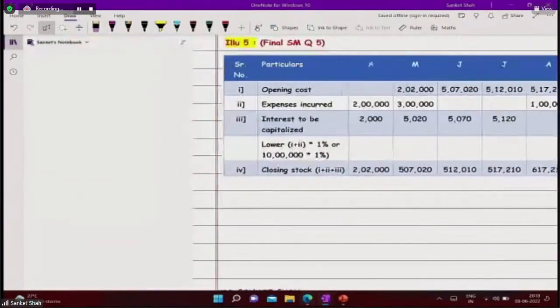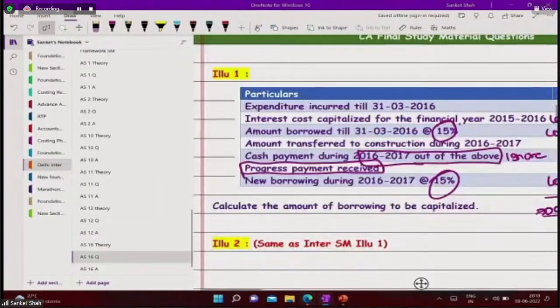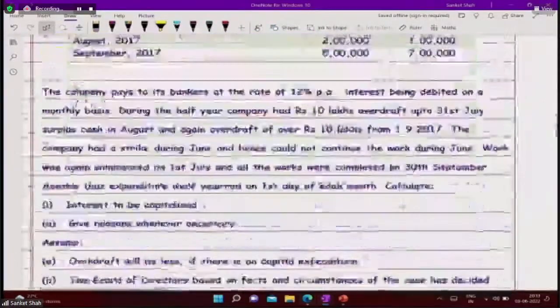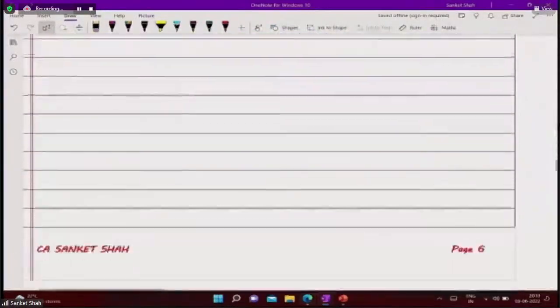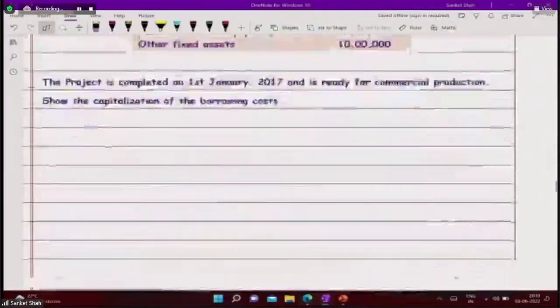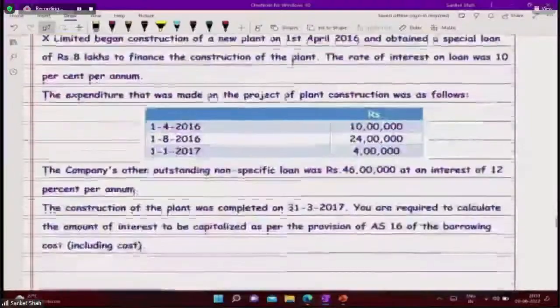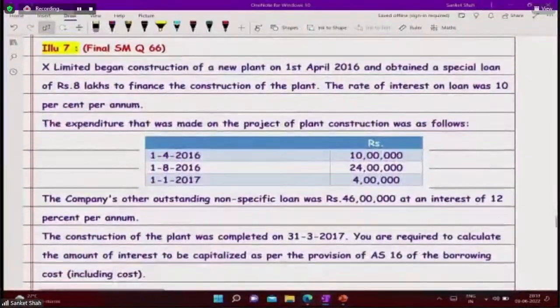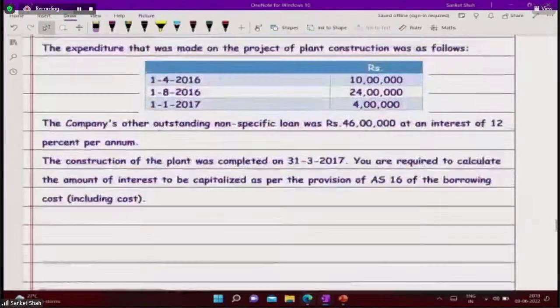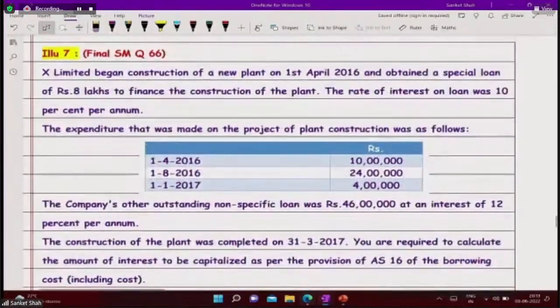Let's see, can you solve this question or not? Illustration number... Let's solve this illustration.